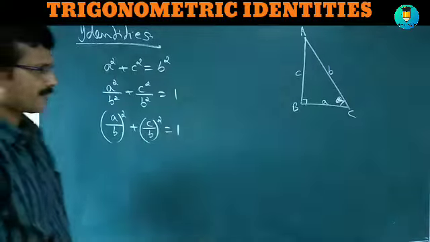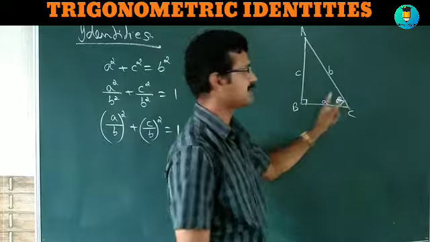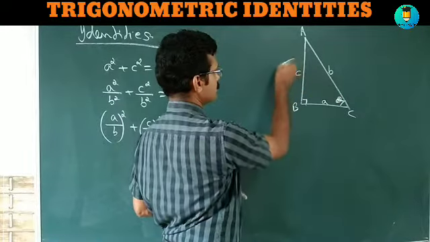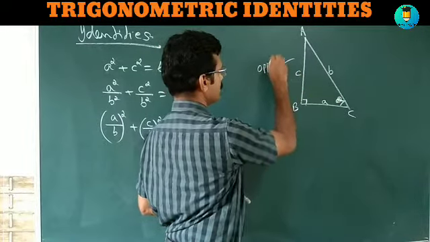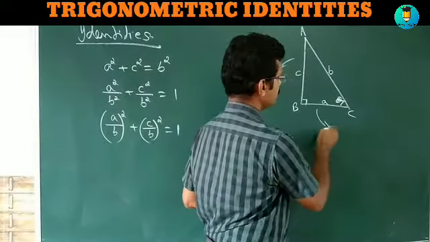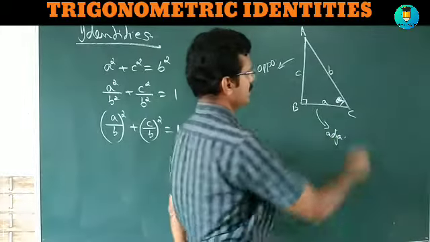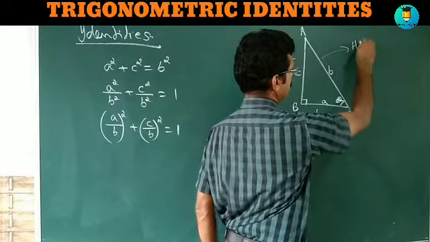Now if you see, I am going with the normal conventions. With respect to this theta, this side we say is the opposite side, this is our adjacent side, and this is always our hypotenuse.